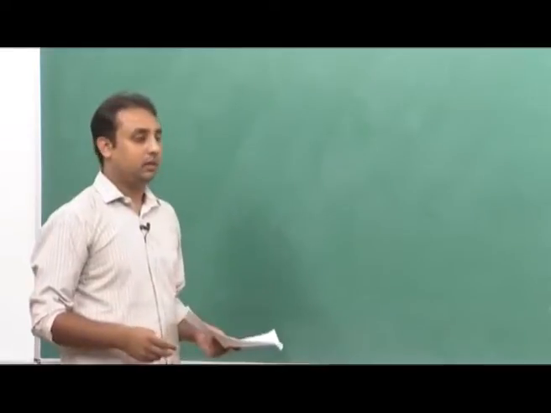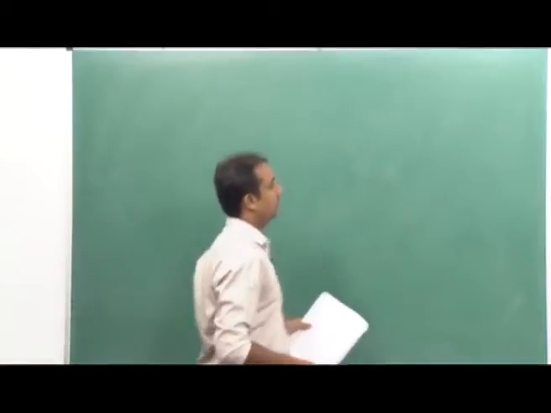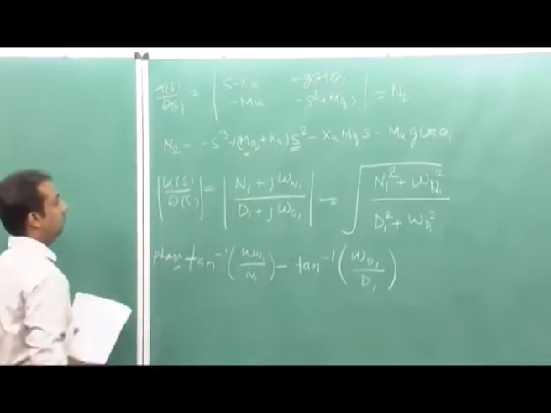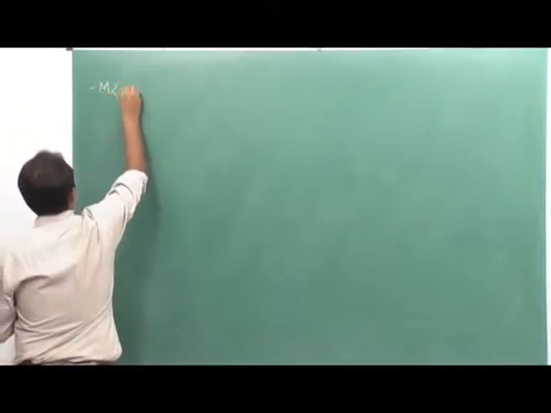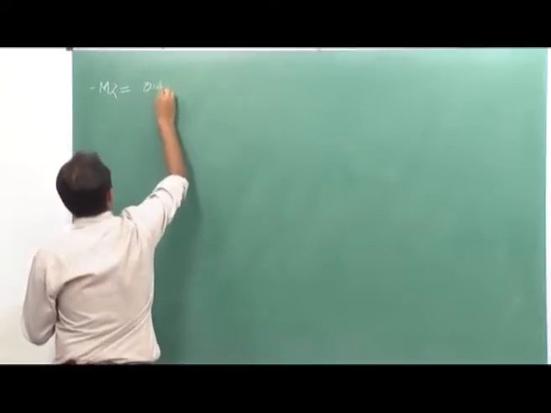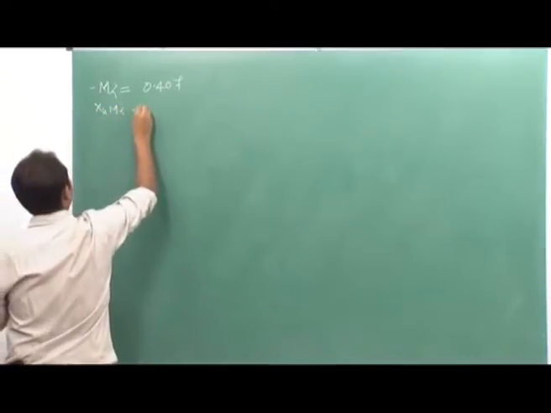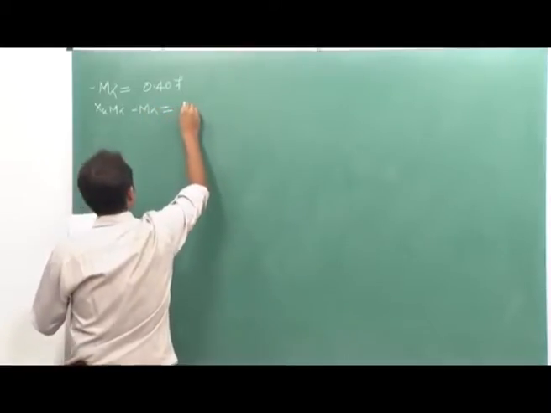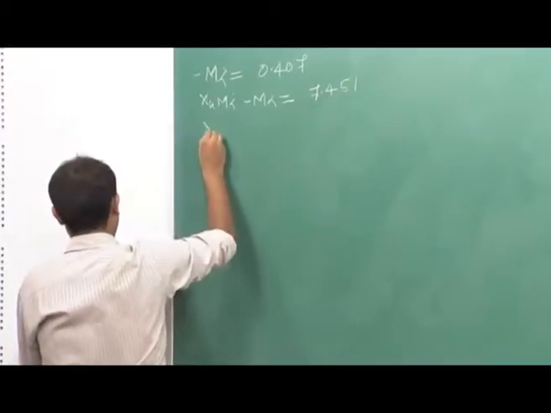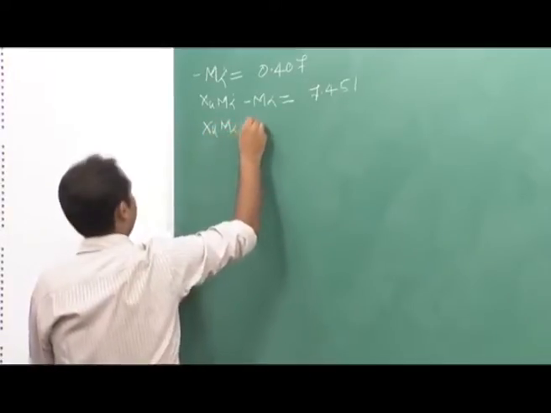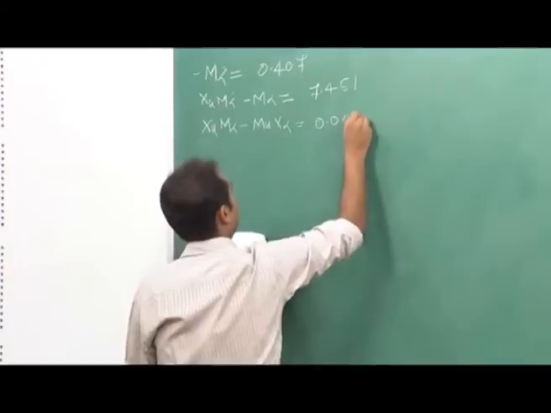So, for the longitudinal derivatives for a business jet aircraft, my values of these derivatives are: m alpha dot equals 0.407, xu m alpha dot minus m alpha equals 7.451, xu m alpha minus mu x alpha equals 0.0465.